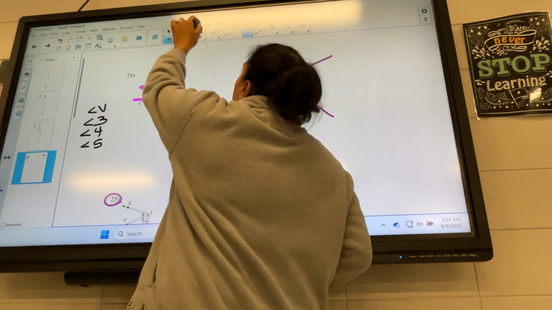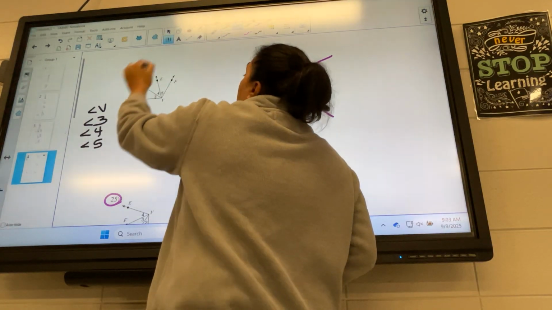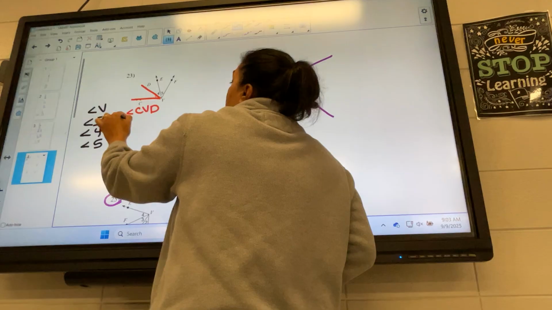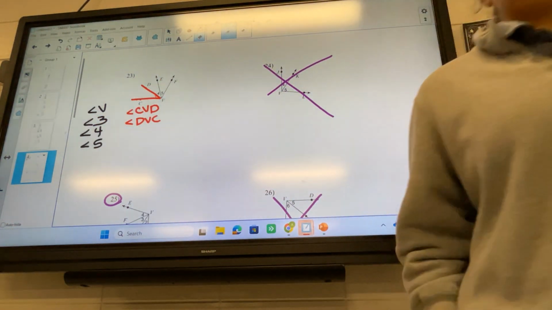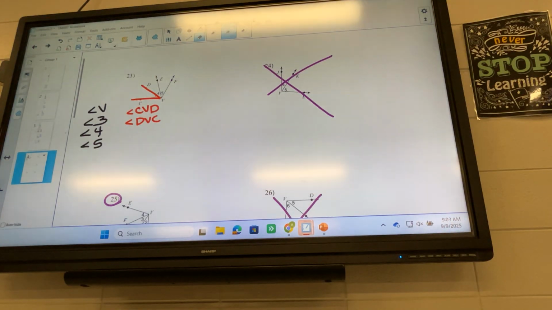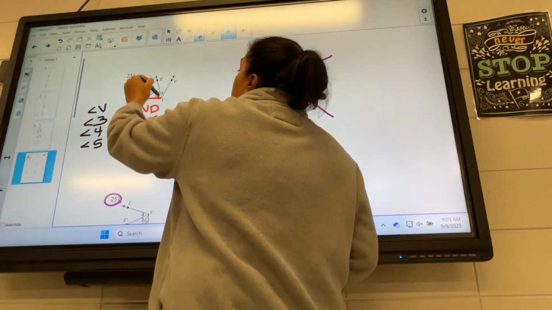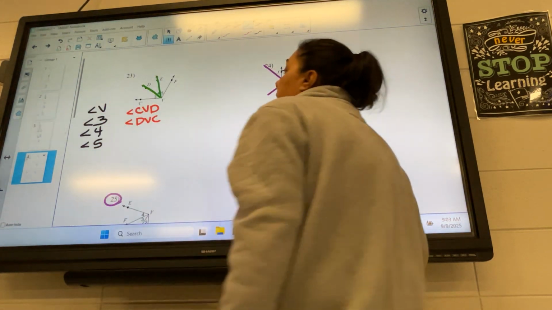How do we call that? Okay, we've got CVD or DVC. Okay, and then start working on the next angle. So angle 4, we'll call this one. How do I name that one?